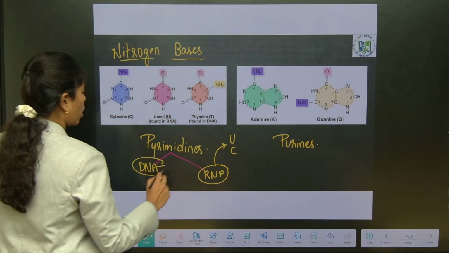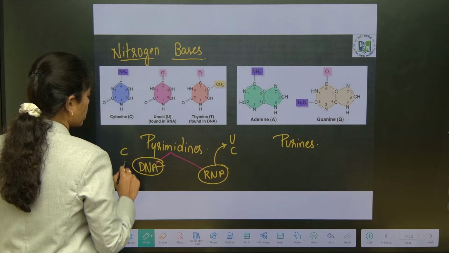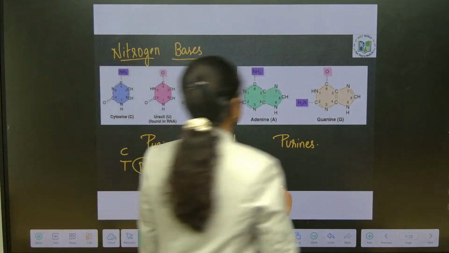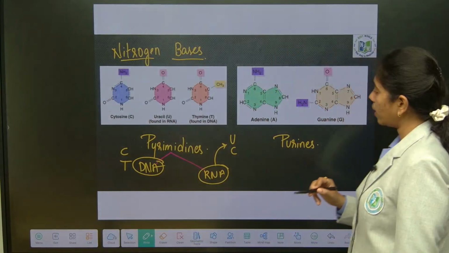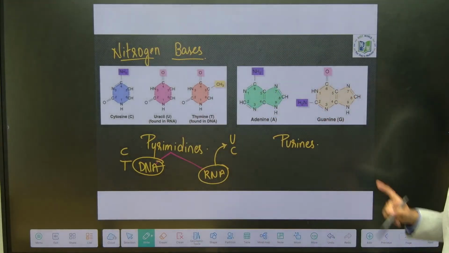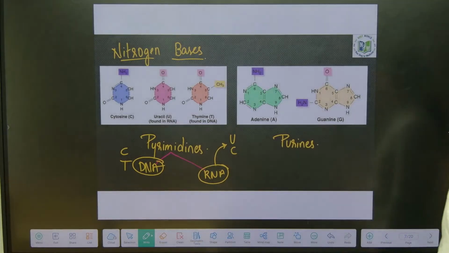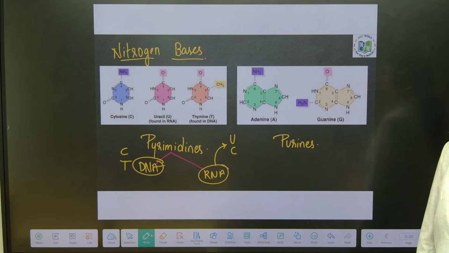DNA consists of cytosine and thymine. Whereas purines are common to both DNA and RNA: adenine and guanine. Look at the structures carefully and take down what are those present in DNA and RNA. Now we will learn the IUPAC names of each nitrogen base, that is also important.